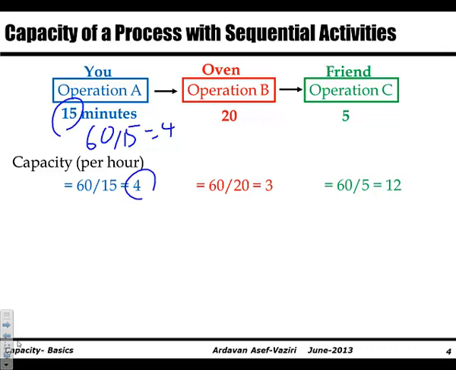Capacity of the second operation is 3. Capacity of the third operation is 12. Capacity of a process is the capacity of the smallest component of that process. Here, the oven can produce only 3 units at a time. Therefore, the whole process can produce only 3 units at a time.